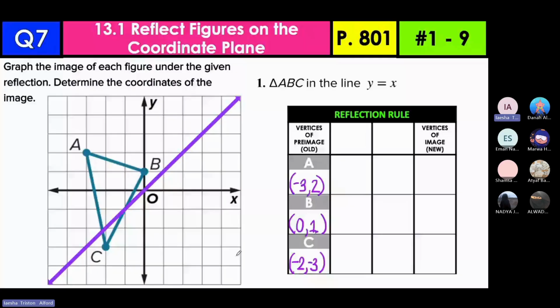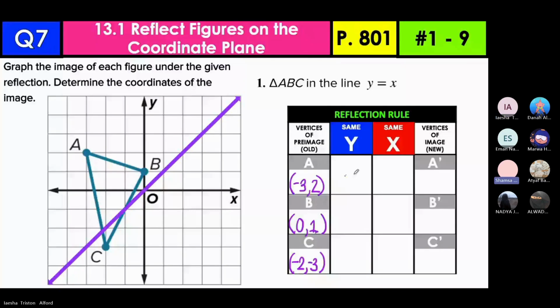Then you have to remember they want y equals x. So you have to keep the same y and keep the same x, just change the place. So where should A prime be? What is the same y? From A, you keep the same y, +2, and you keep the same x, -3.